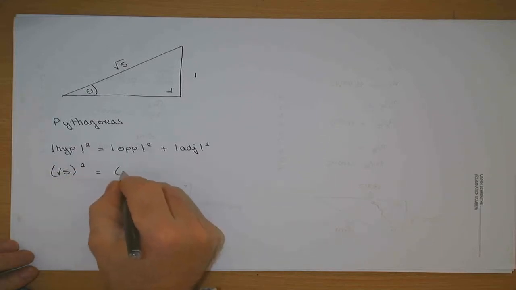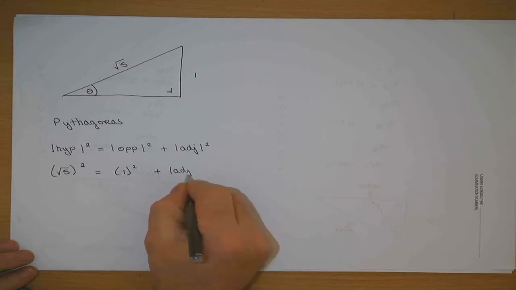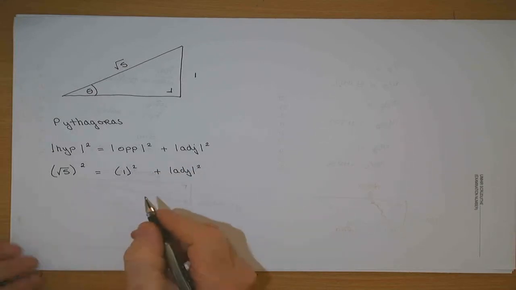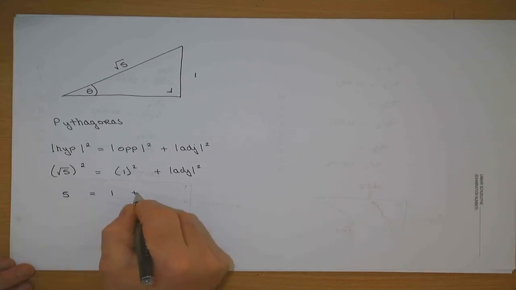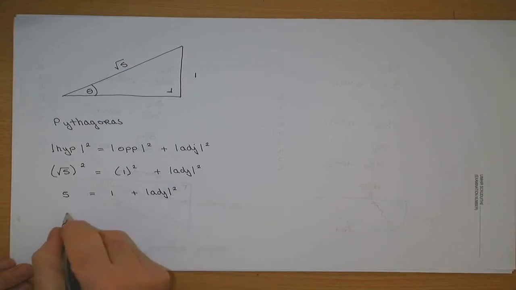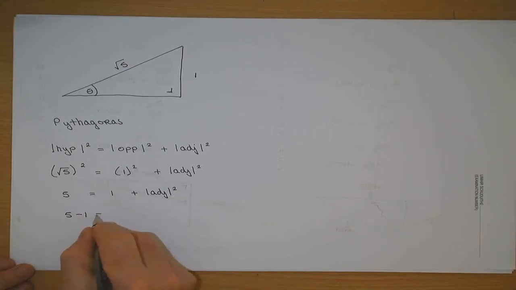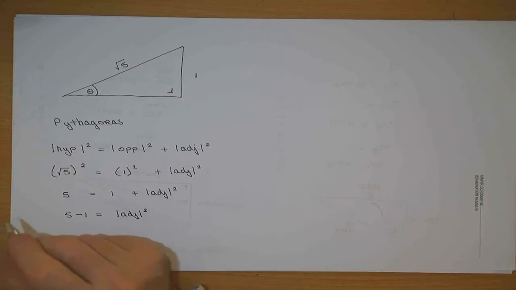The opposite? 1 squared, plus the adjacent squared. Root 5 squared is equal to 1 plus the length of the adjacent squared. Bring the 1 over. 5 minus 1 is the length of the adjacent squared.